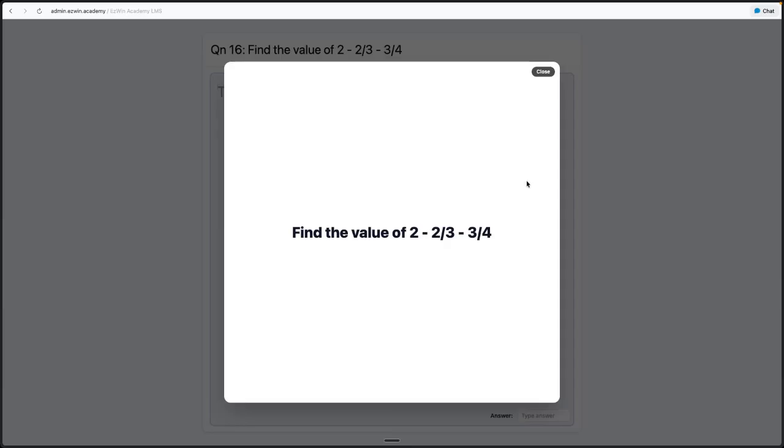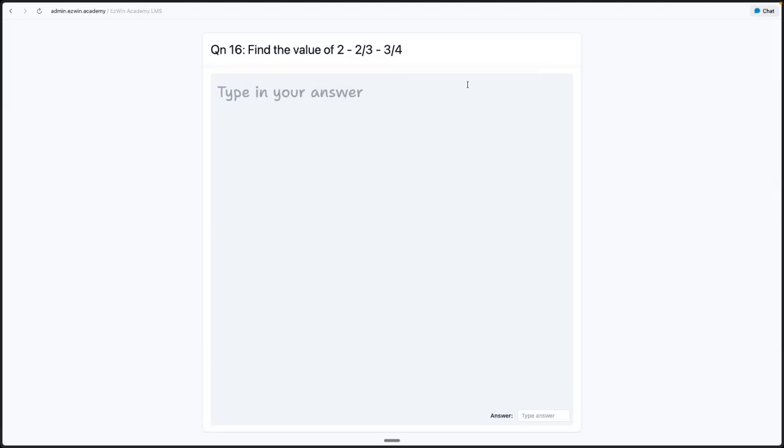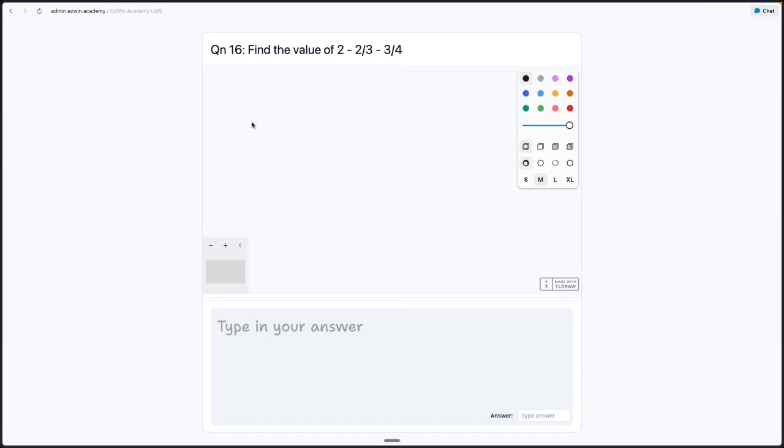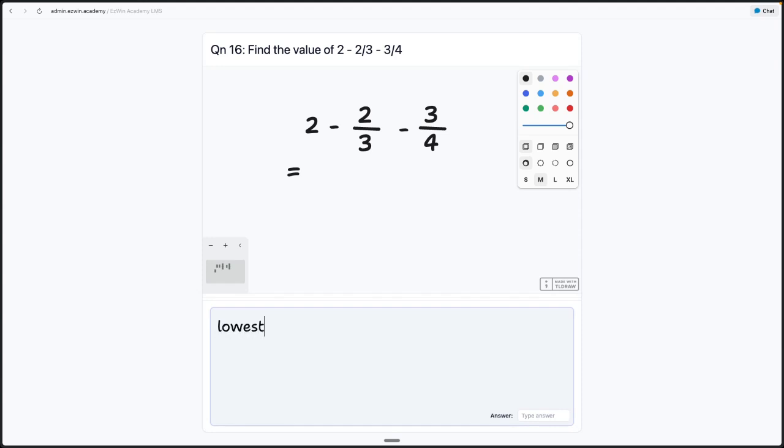Question 16. Find the value of 2 minus 2/3 minus 3/4. What I'm going to do is draw it out for you. First thing first, we always want to get the lowest common multiple of the denominators, which in this case is 3 and 4, which is 12.